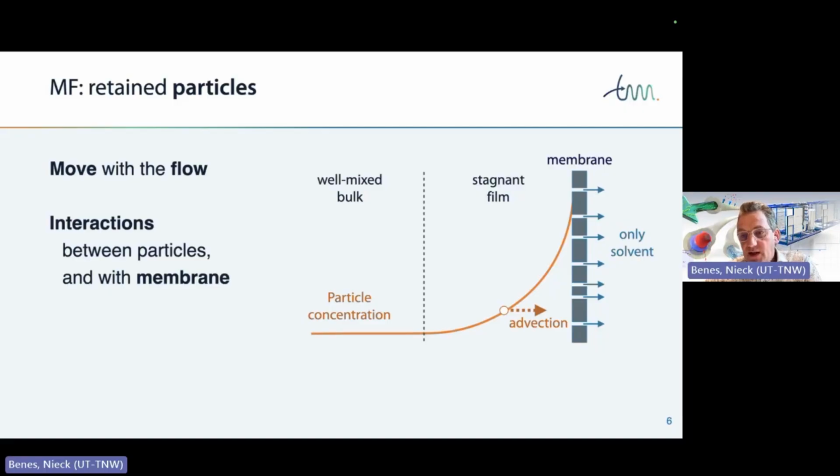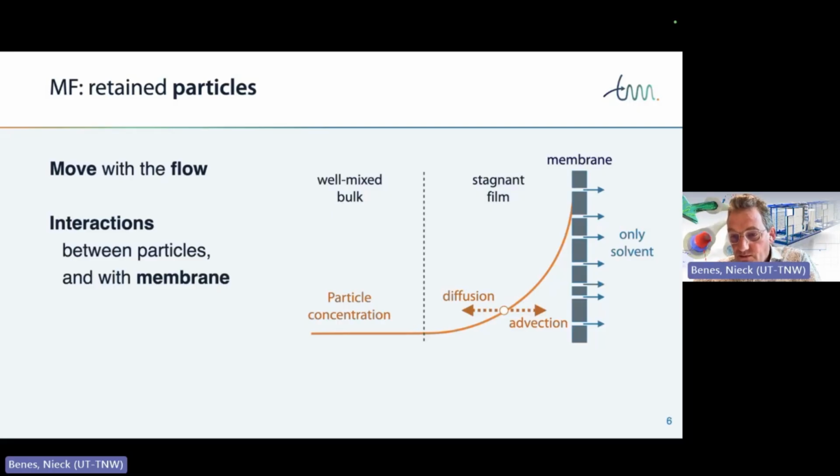Advection is when the solvent goes through the membrane, and together with the solvent, the particles are forced to move towards the surface of the membrane, but they are retained there. They cannot pass through the membrane. So they will accumulate at the membrane surface, and that leads to a higher concentration of the particles close to the membrane. This gradient in concentration will lead to a diffusive term. And this diffusive term will lead to a flux going back away from the surface of the membrane towards the bulk.